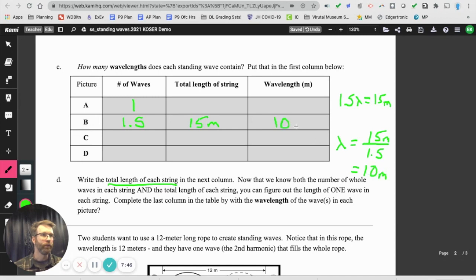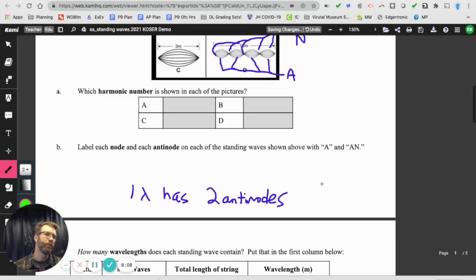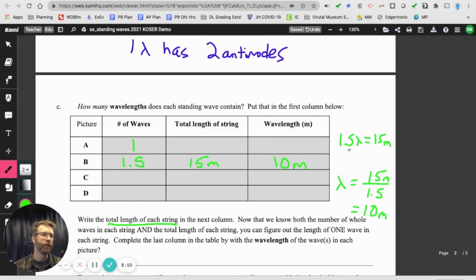So the wavelength is 10 meters. Now, you might also just be able to look at it and say, if this whole thing is 15, each one of these pieces must be 5, so it's 5, 5, and 5. And if I want to know how long it is just for 2 antinodes, that's 2/3 of that material, or 10 meters. So you can also look at it and think about it. But a good math way to do it would be like this.